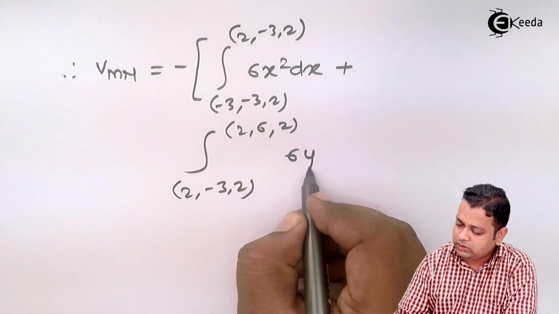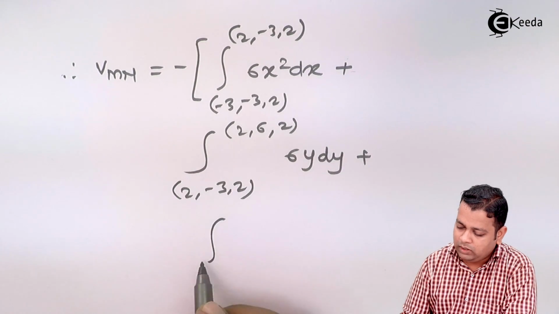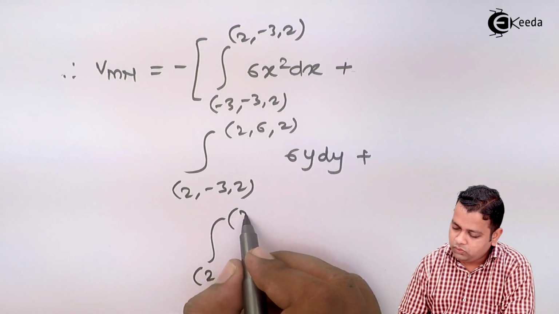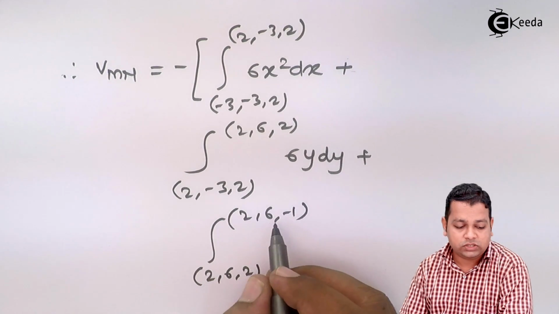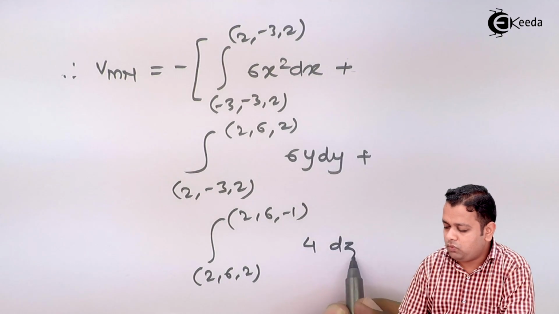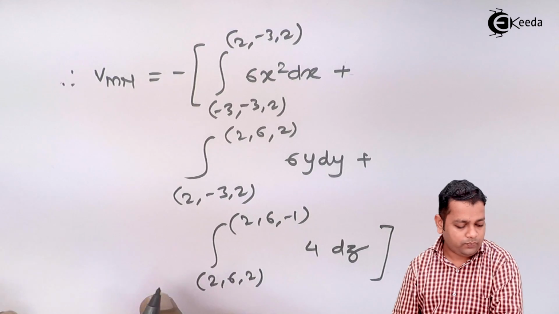So it will be 6y dy, and the third term will be the integral (2, 6, 2) to (2, 6, -1), the change in the z. That is why this is having E_z, that is 4 dz. So this comes the completion of bracket.